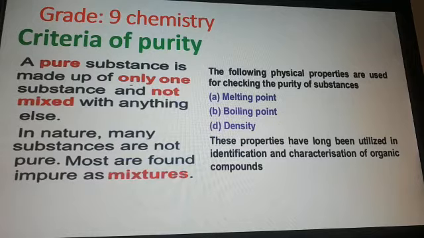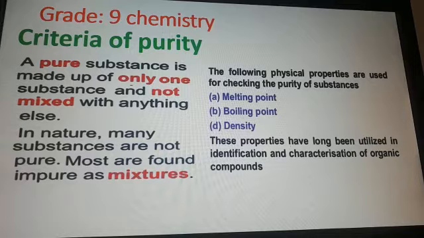Water is a compound. If it is pure, it contains 2 hydrogen atoms and 1 oxygen atom. It's pure water. And sodium chloride, sodium and chlorine only, then it will be pure. So a pure substance is made up of only one substance that is not mixed with anything.